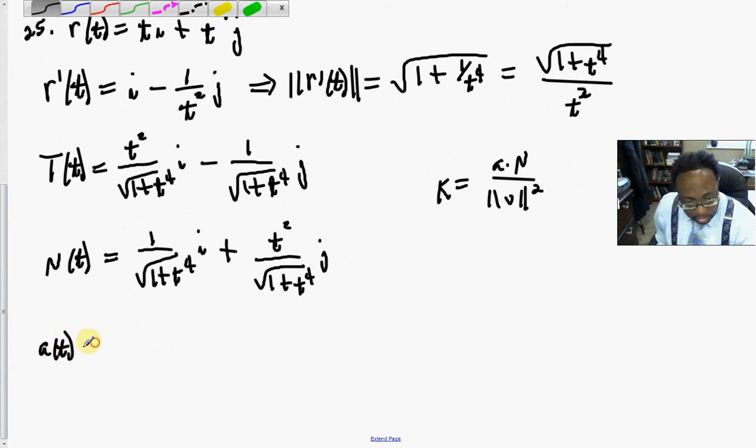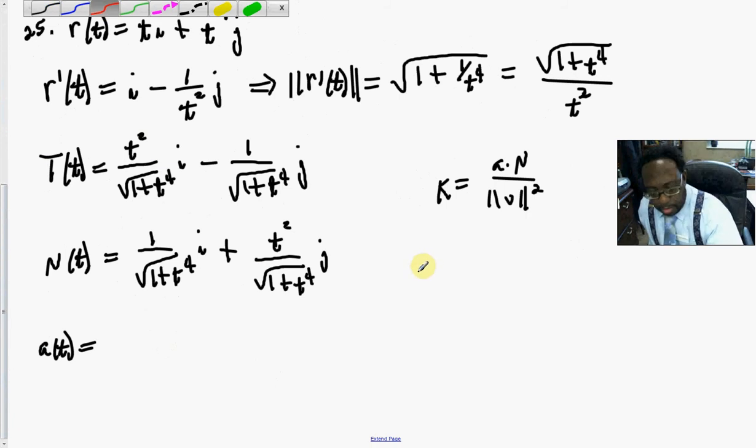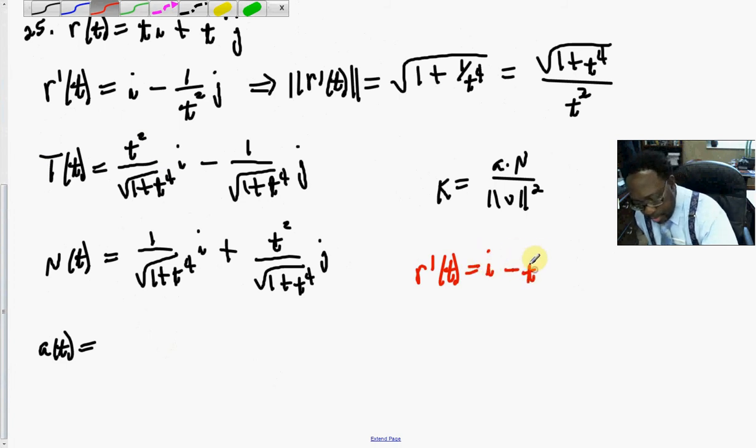So a of t is the second derivative here, and if you think about r prime of t, this is i minus t to the negative 2 j.